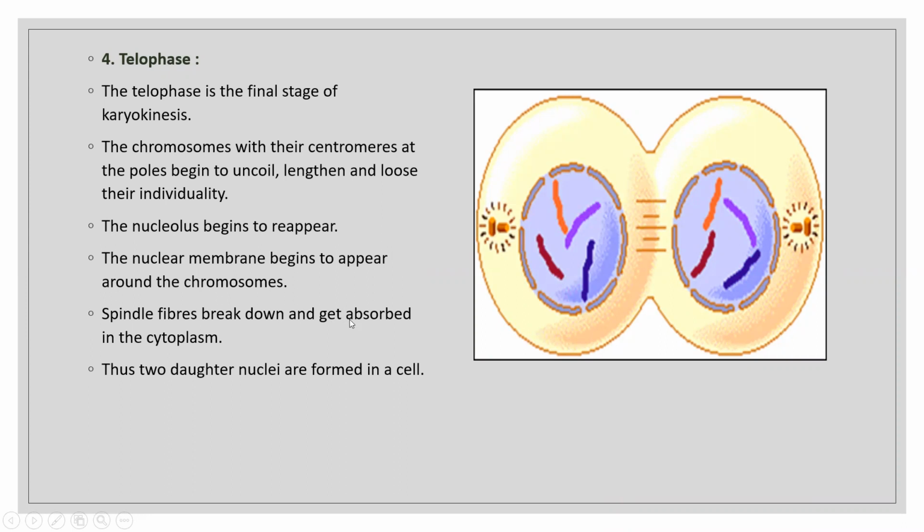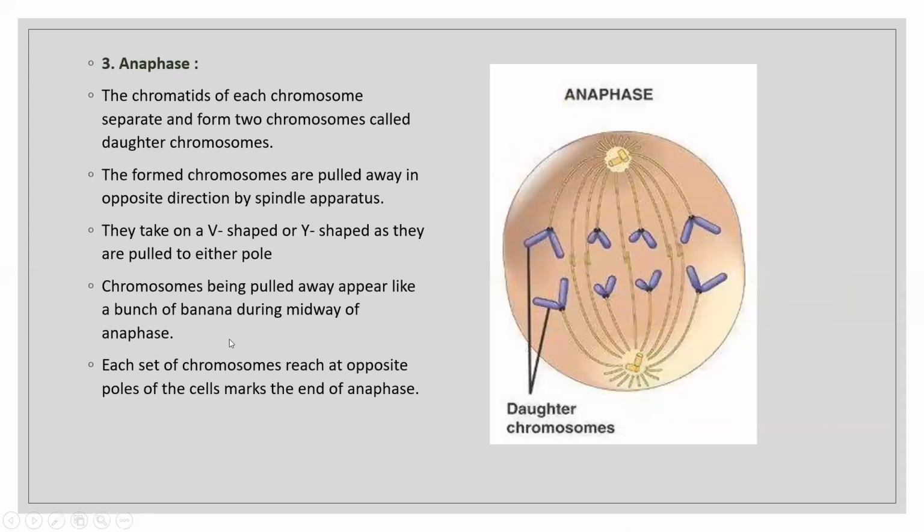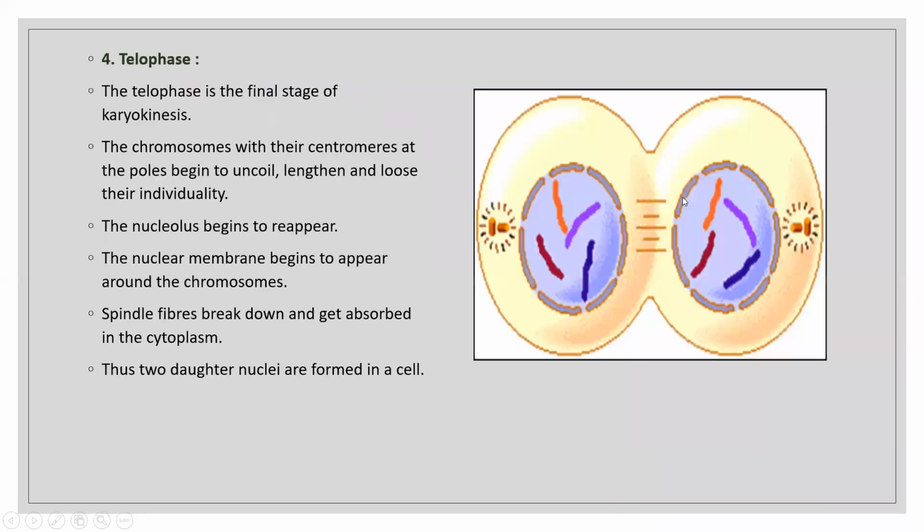Spindle fibers break down and get absorbed into the cytoplasm. In anaphase, we had seen that spindle fibers were present. But what happens to the spindle fibers in telophase? All the spindle fibers break down and get absorbed into the cytoplasm.